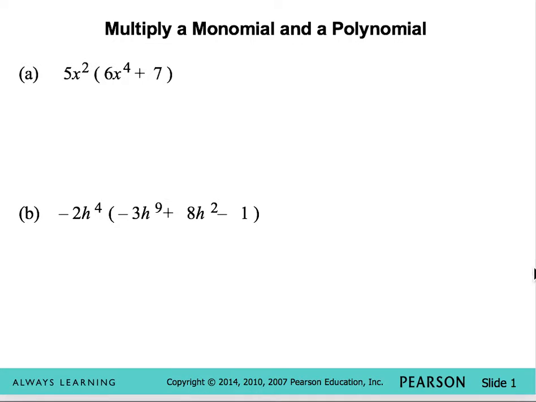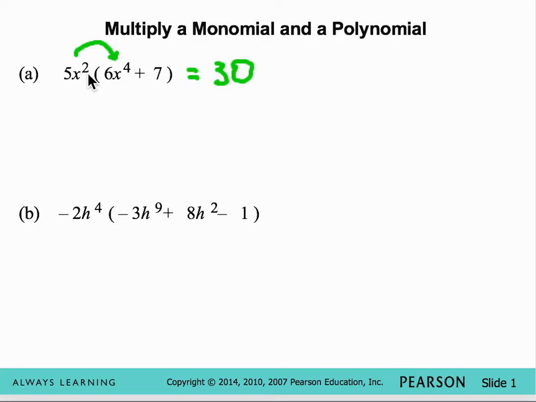But I'm still just gonna, first of all, get a pen. I'm still just gonna take this 5x squared and distribute it through this binomial. So 5 times 6 is 30. And then an x squared times an x to the fourth, since I'm multiplying exponential numbers that have the same base, you add the exponents.